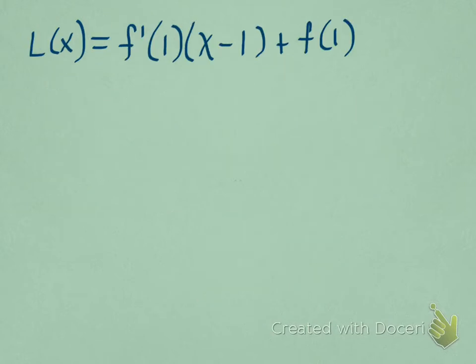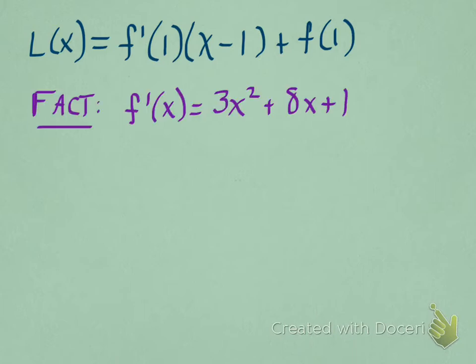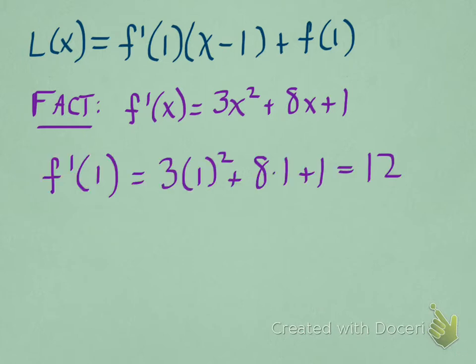So let's remember our formula for L of x. It is f prime of 1 times x minus 1 plus f of 1, and you should remind yourself where that formula came from. It's a fact that we will very soon be able to prove and compute quickly and easily, but for right now, just trust me when I say that the derivative of our function is 3x squared plus 8x plus 1.